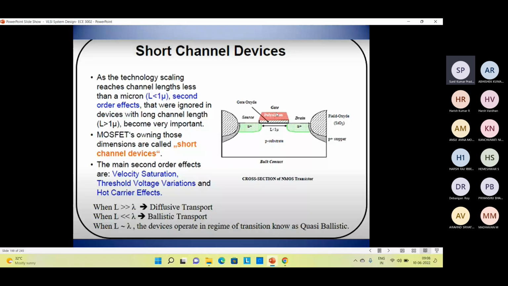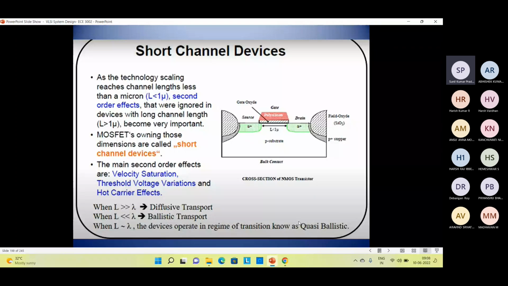And this is our P type substrate. There are three ways of transport behavior we generally categorize. They are three main categories: one is ballistic transport, another is diffusive transport, and another is quasi-ballistic transport.